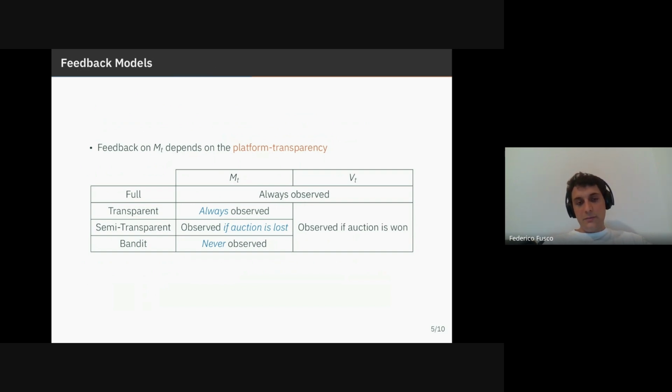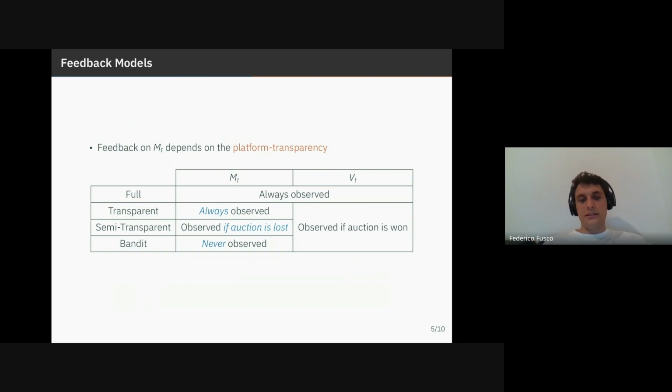On the other extreme of the spectrum, in the bandit feedback model, we have a platform that decides to not disclose any information about the bids received, so that MT is never observed by the learner. As an intermediate and meaningful feedback model, we have the semi-transparent feedback model.